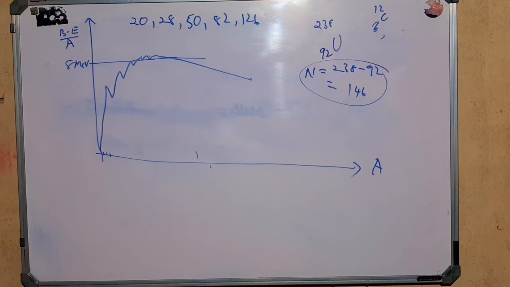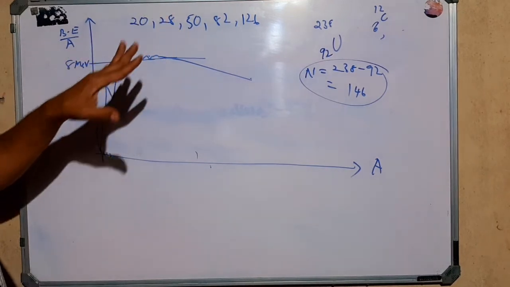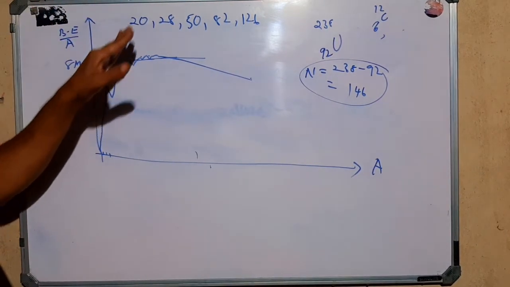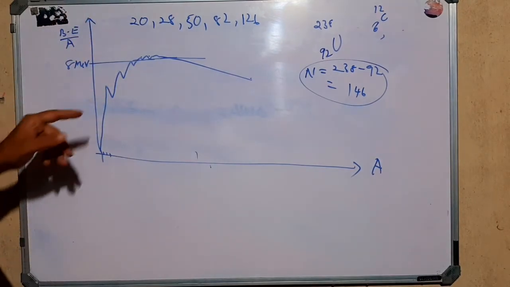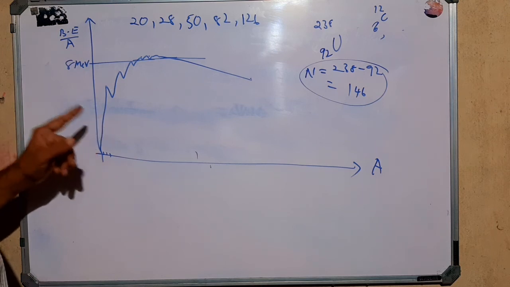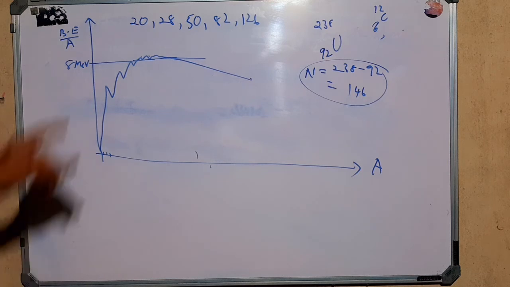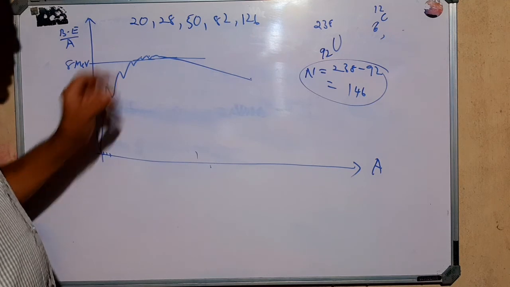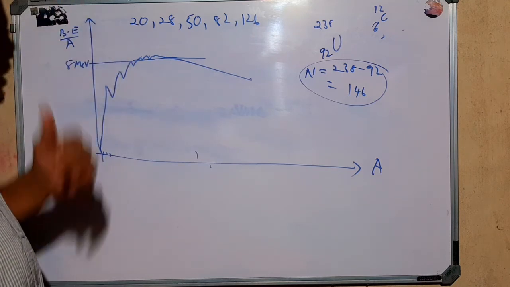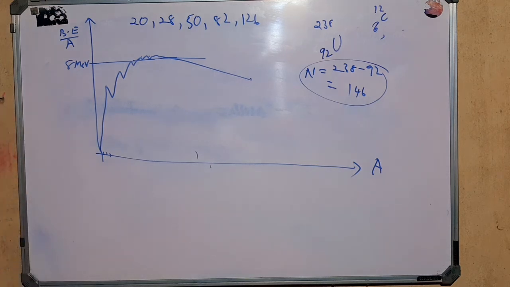That means if either the proton number or neutron number or both is equal to 20, 28, 50, 82 or 126, then such elements are more stable compared to others. Therefore these numbers are called magic numbers. In order to explain these magic numbers, we make use of the shell model. This is about the binding energy curve.